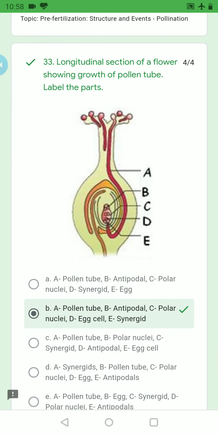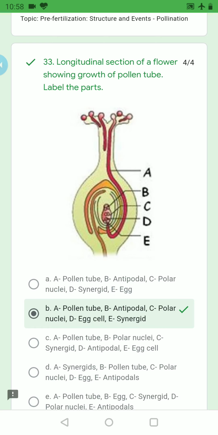Here they have also given a diagram. Observe the diagram and just label it. It is the longitudinal section of a flower showing growth of the pollen tube. Label the parts, then you can easily identify the options. Label A is the pollen tube. Label B is the antipodal cells. Label C is the polar nuclei.